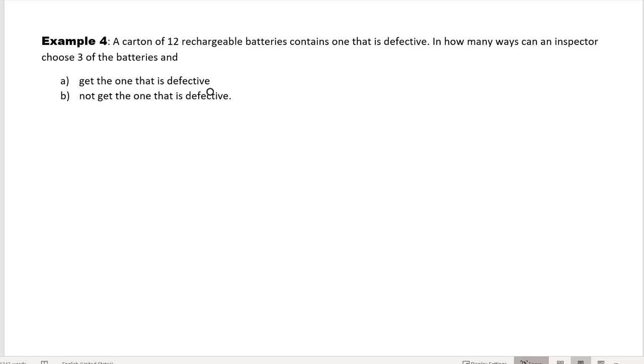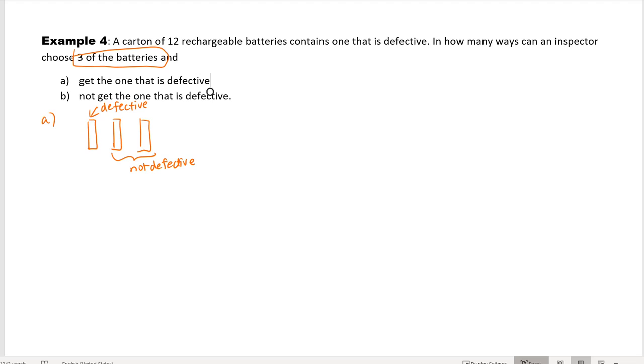Part B, not get the one that is defective. Okay, let's see. We want to choose 3 batteries and get the one that is defective. So we have 3 batteries, one of them is defective, and 2 of them are not defective.